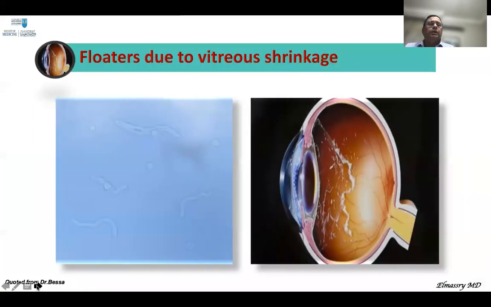Those due to vitreous shrinkage look like very small worms moving in the vitreous. They are very difficult to treat with YAG laser vitreolysis, as you cannot focus on these small cells. Even if they bother the patient, you cannot make the patient satisfied with these small floaters.